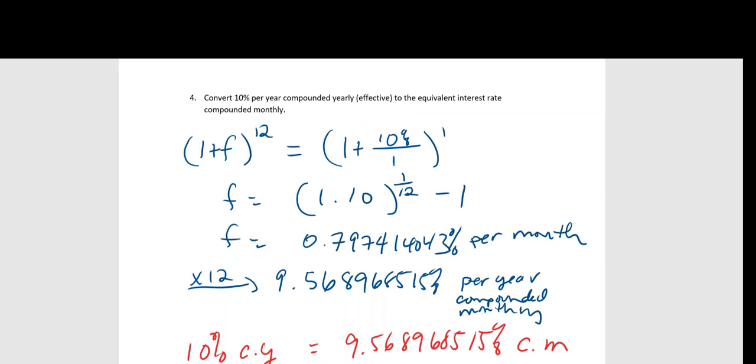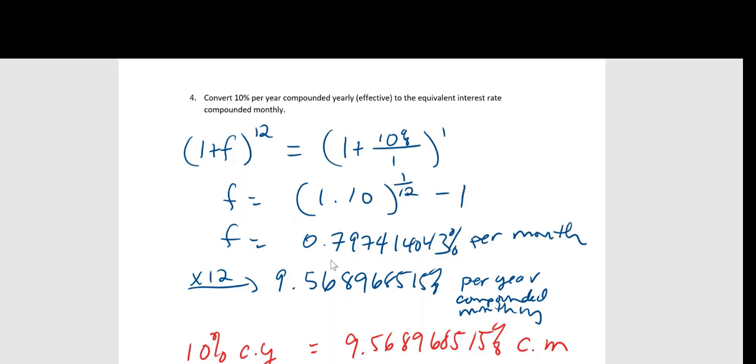Last example, convert 10% per year compounded yearly or effective to the equivalent interest rate compounded monthly. The target rate is (1 plus F) to the exponent 12, since there are 12 months in 1 year, which is equal to (1 plus 10%) to the power of 1, since there is 1 year in 1 year. F is equal to 1.10 to the power of 1 divided by 12, minus 1.